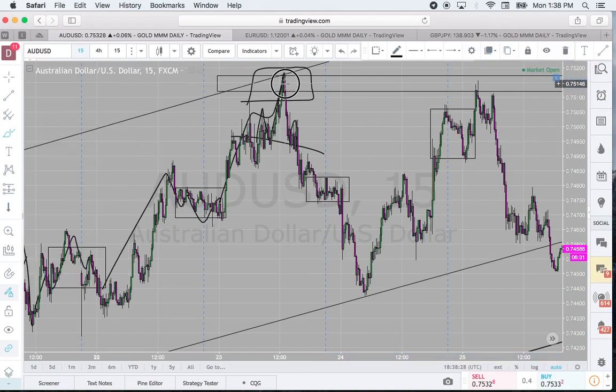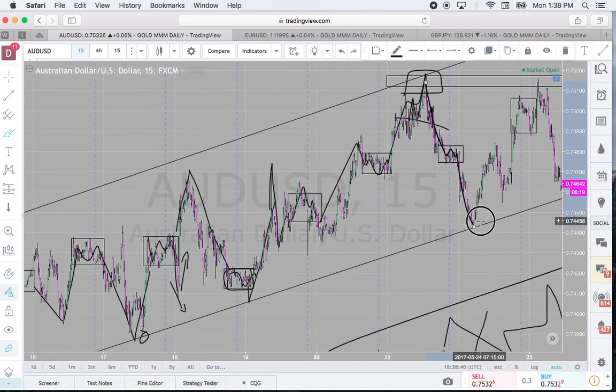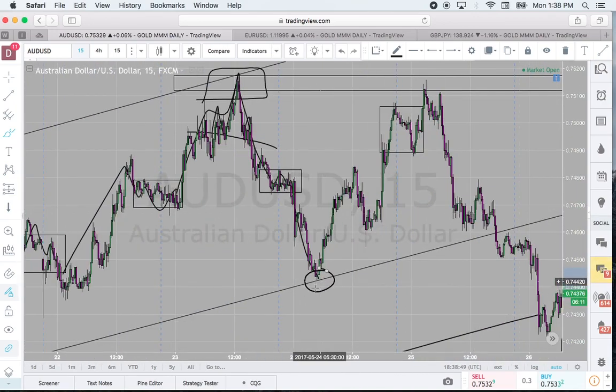The dealer then comes out of that area, ends the day in consolidation. Then breaks out to the low, retests this range here, this channel right here. The dealer retests right here.